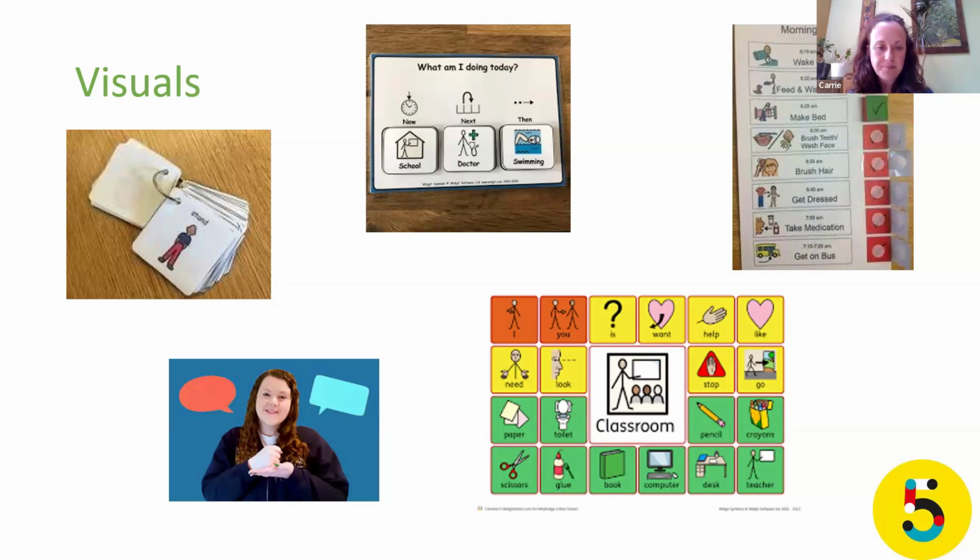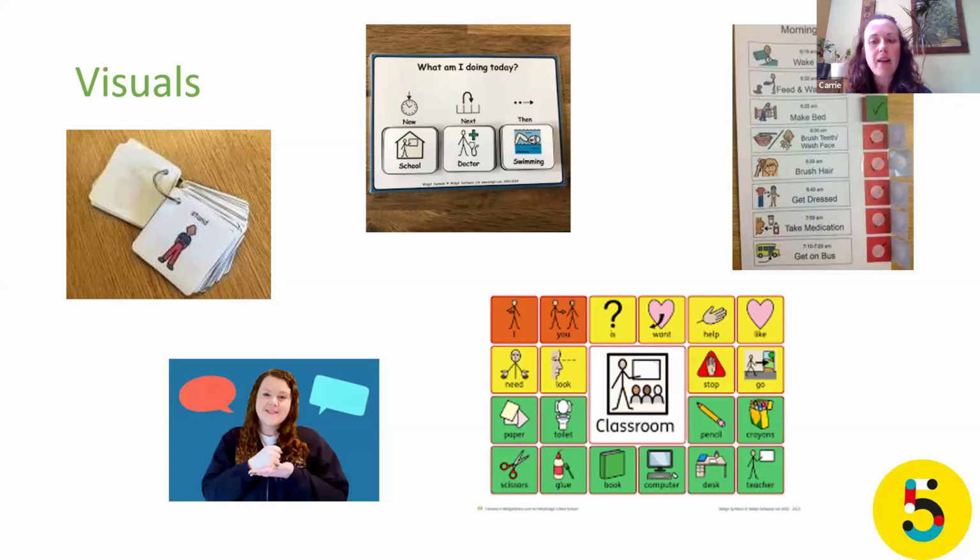For many children, an adult having visuals on their lanyard for key instructions can really help and support. You can show them to them when they're sat on the carpet, so you're not interfering and interrupting with what the teaching's going on, but it also helps to reinforce any words that you are saying to that child.